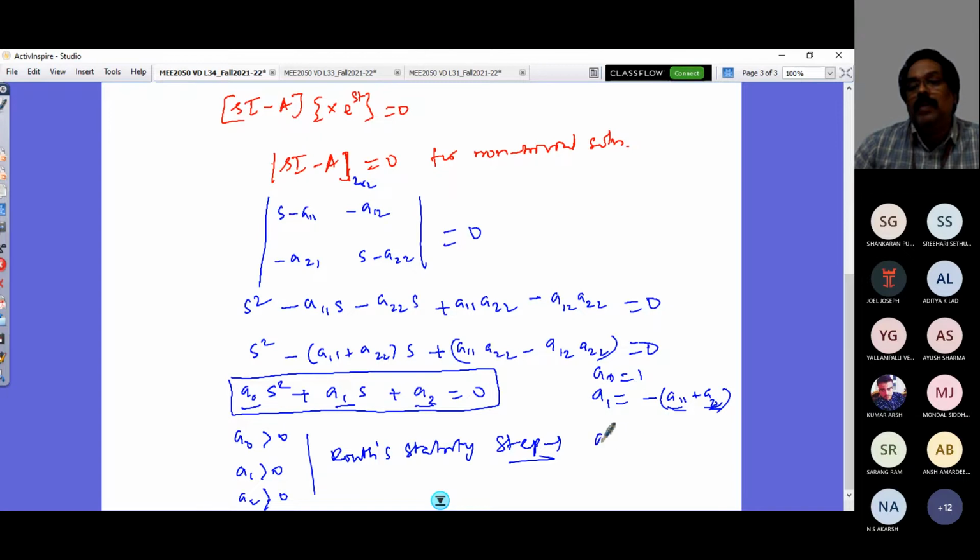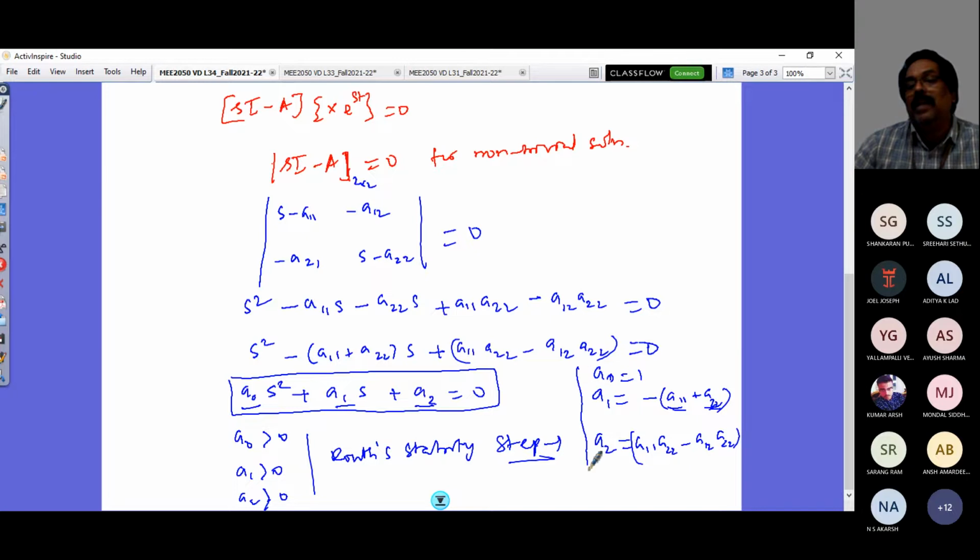A1 is this. What is my A2? A2 is this: A11, A22 minus A12, A22. So I have to find this. Again, this can go into negative. If this goes into negative, then the system will be unstable. So this imposes the condition always that A11, A22 should be greater than A12, A22.